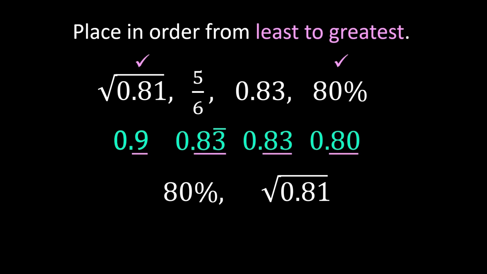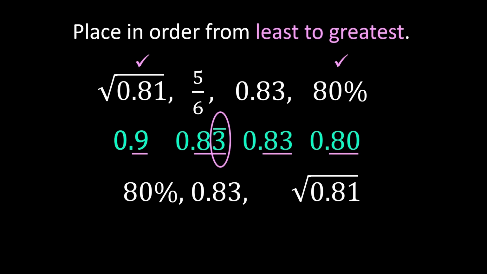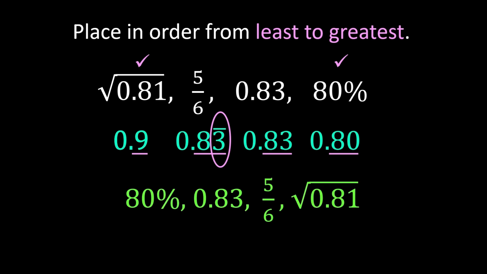The remaining values both have a 3 in the hundredths place, but this bar tells us that we have a repeating decimal in 5/6, while 83 hundredths is a terminating decimal. This makes 83 hundredths smaller, so it will come next, followed by the 5/6. This set of numbers in order from least to greatest is 80%, 83 hundredths, 5/6, and the square root of 81 hundredths.